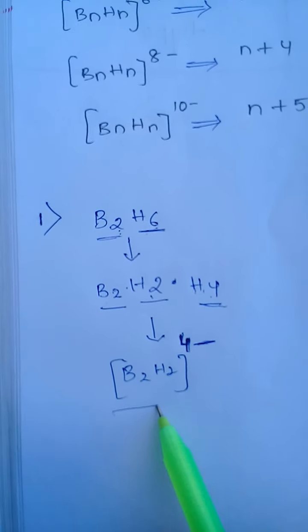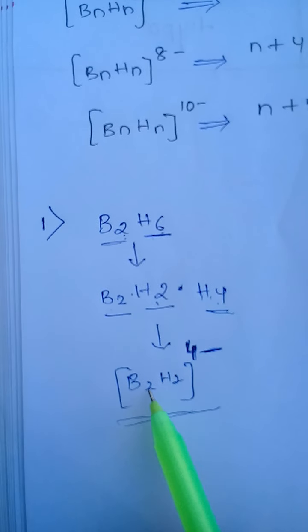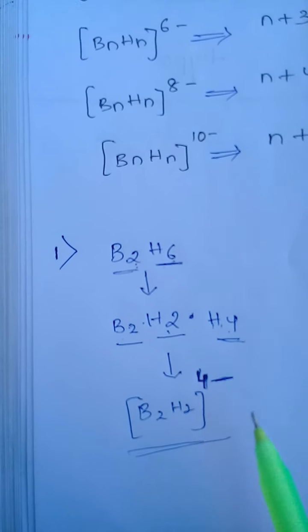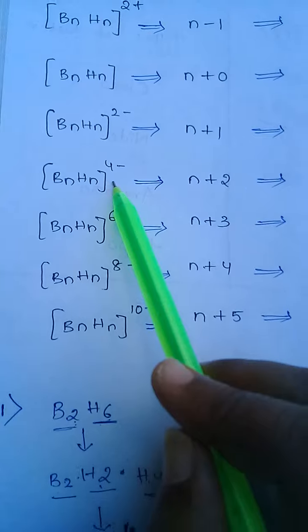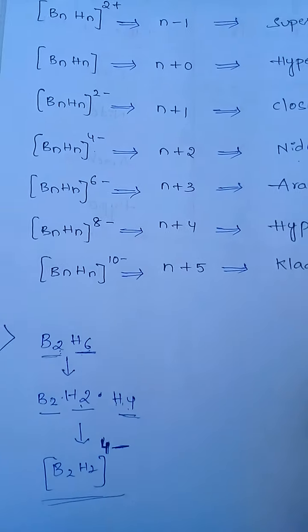So the formula we get is B2H2 4 minus. B2H2 4 minus means nido.